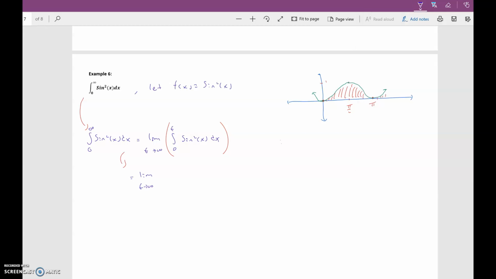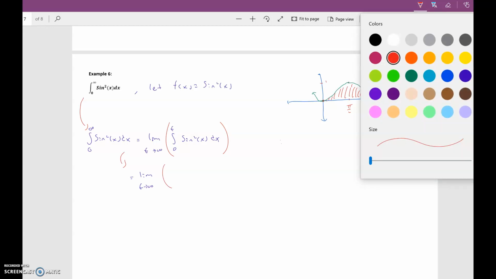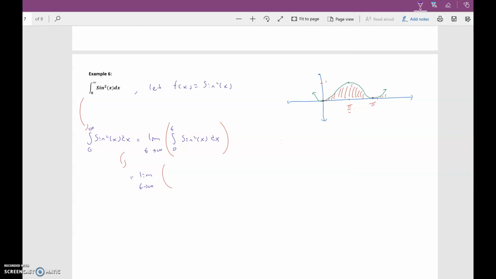Let me put the parentheses, and the formula gives us the integral of sine squared: x divided by 2 minus 1/4 sine of 2x, and then no plus c.